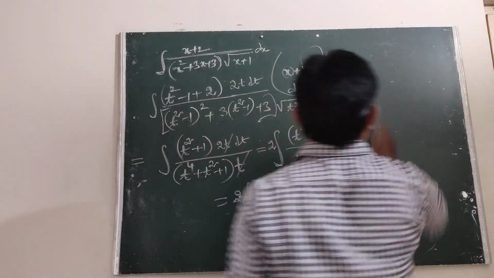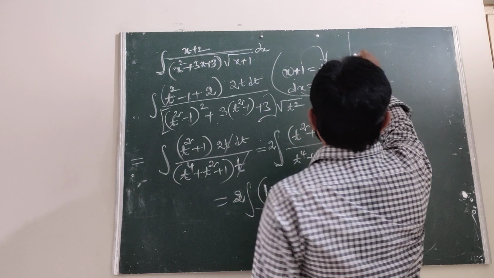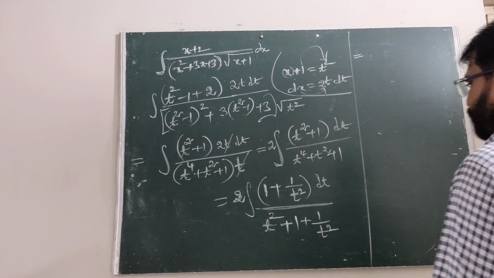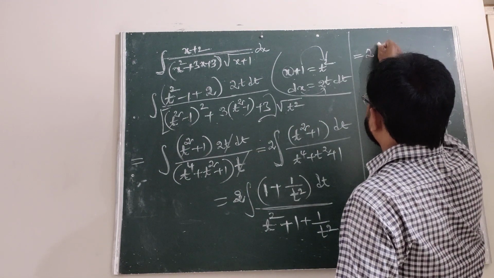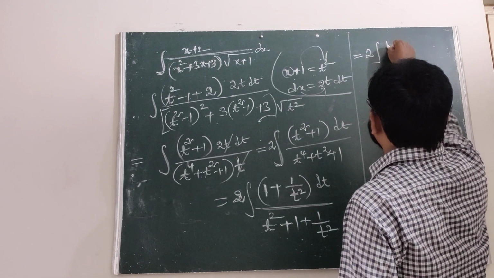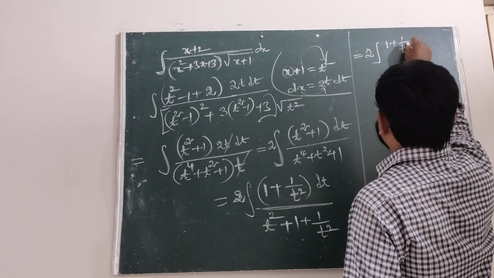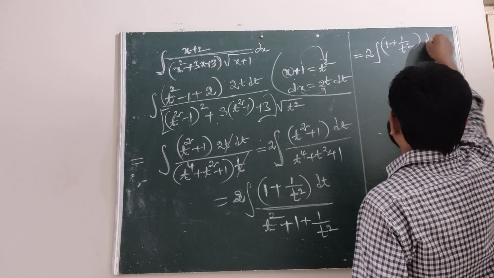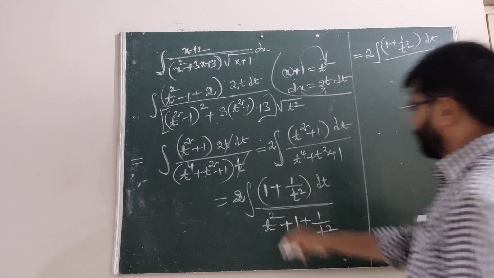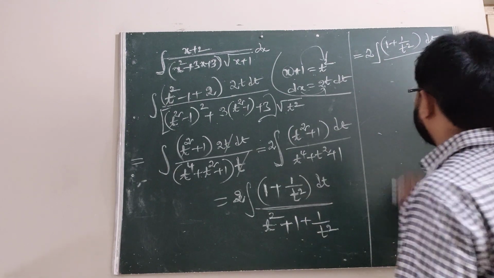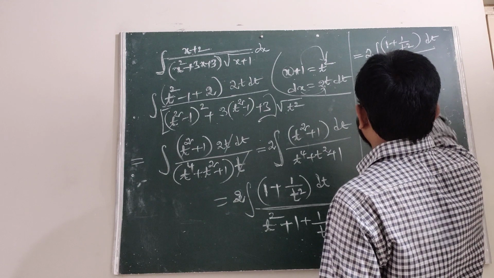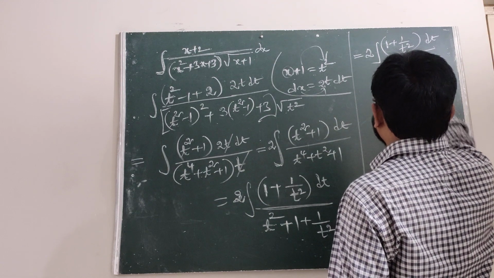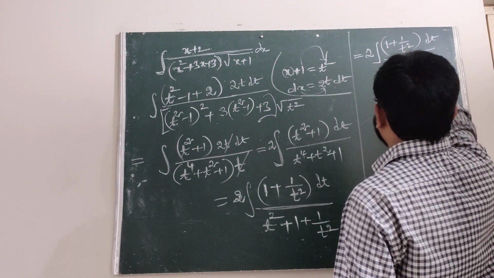Now this can be written as 2 into integral 1 upon 1 by t square dt. Now the denominator can be written as, how to write this one? t plus 1 by t whole square.